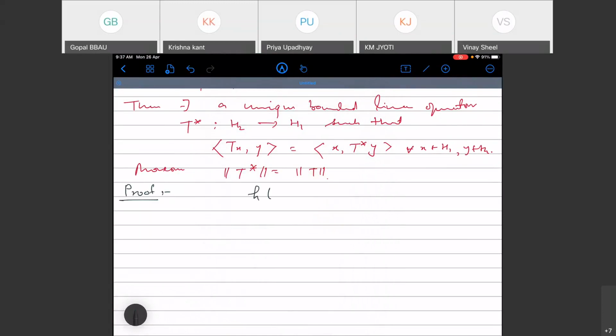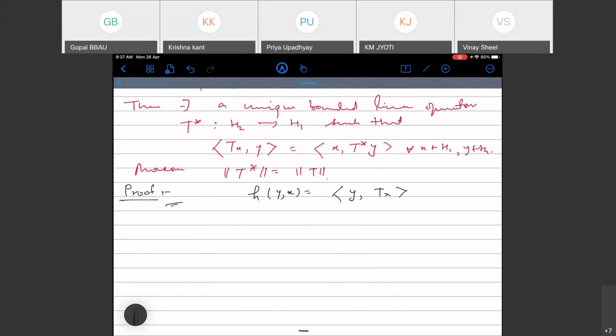Let h(y, x) equal ⟨y, Tx⟩, this inner product. If we have this, then h is sesquilinear.